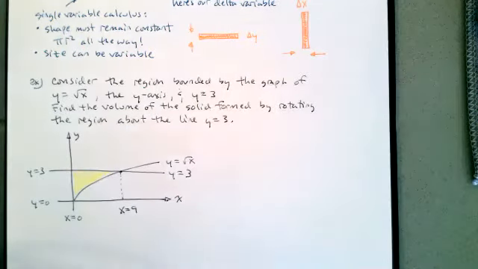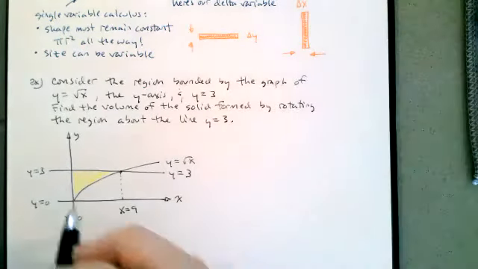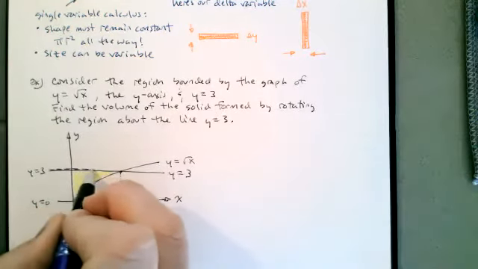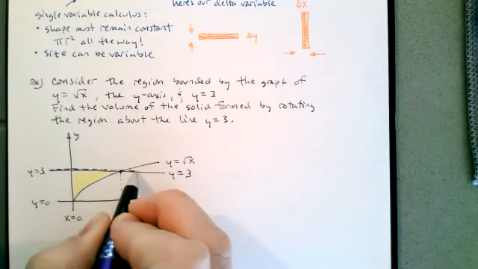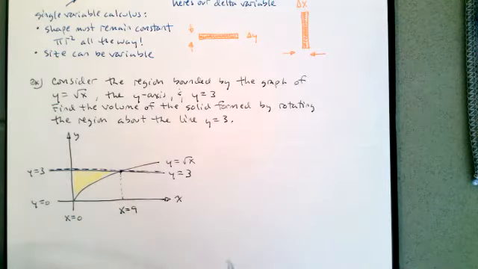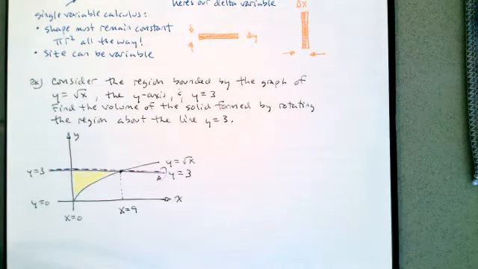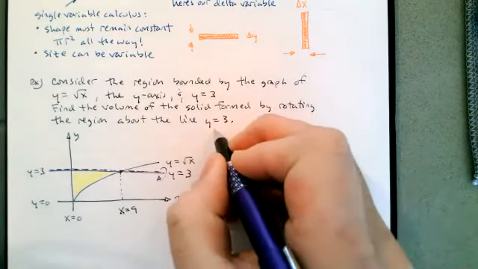So let's label our axis of rotation. We're going to go about the line y equals 3. So this is our axis of rotation. What we notice is that our solid will not have a cylindrical hole in it because we are rotating about a boundary of the region. So let's just make a note of that, things we want to notice.